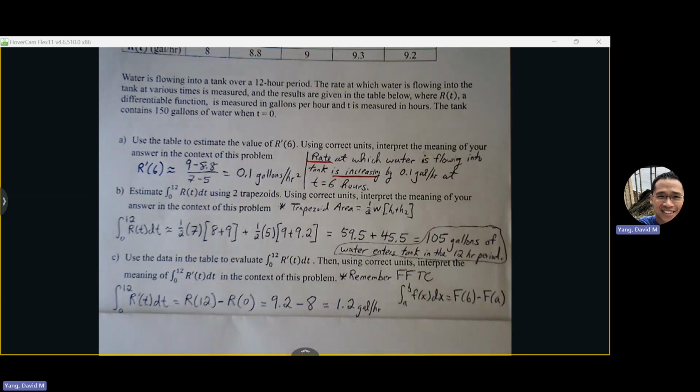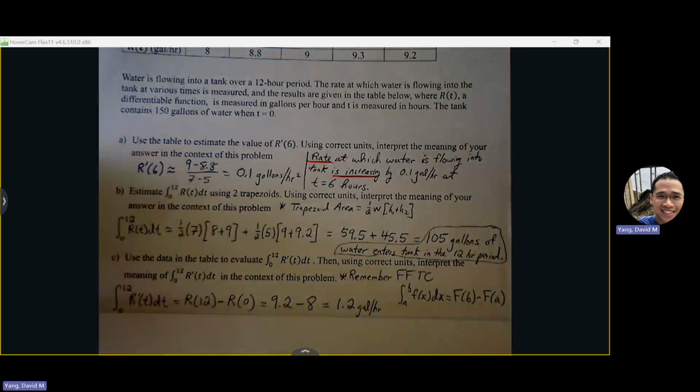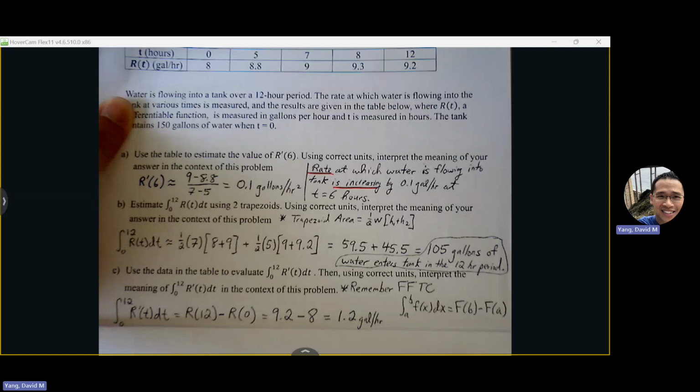We're able to pull that information from our table now. So what does that tell us? We start with 8 gallons per hour. We rise up to 9.2 gallons per hour. Over this 12-hour period, the difference between them is 1.2 gallons per hour. What that means is over this 12-hour period, the rate has increased by 1.2 gallons per hour.